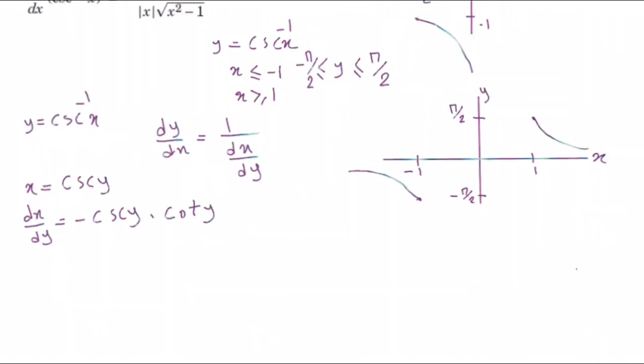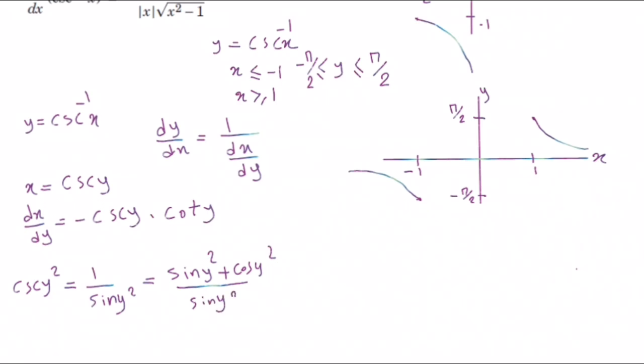And we know that cosecant y squared equals 1 over sine y squared, which equals (sine y squared plus cosine y squared) over sine y squared, which equals 1 plus cotangent y squared.